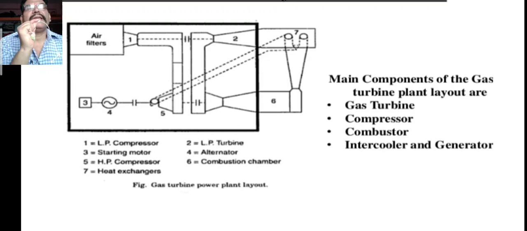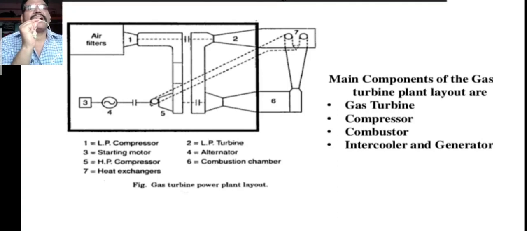Part 3 is starting motor. Then part 4 is alternator. Part 5 is high pressure compressor. Part 6 combustion chamber, and part 7 is heat exchangers. You can see how the actual GTPP is laid on the floor. So this is called as gas power plant layout.